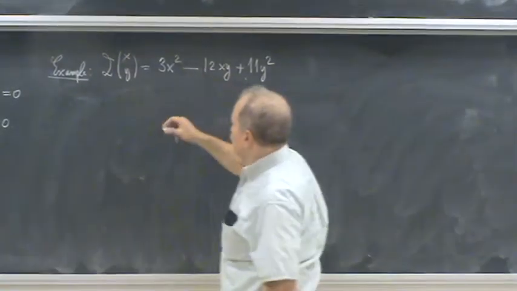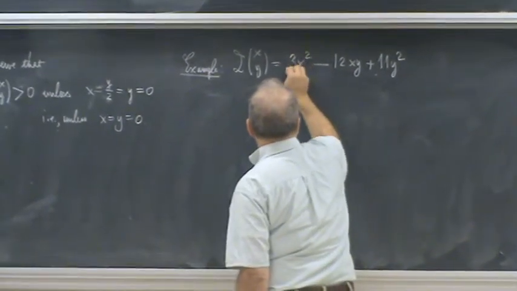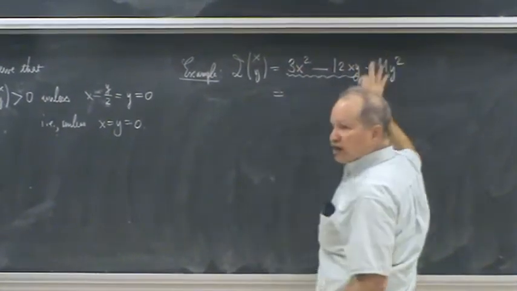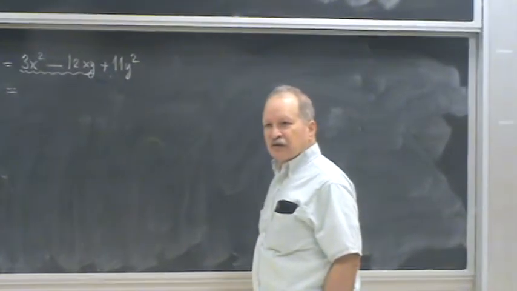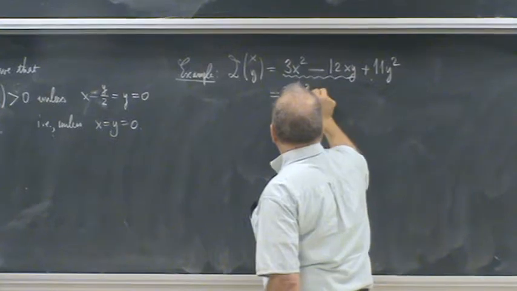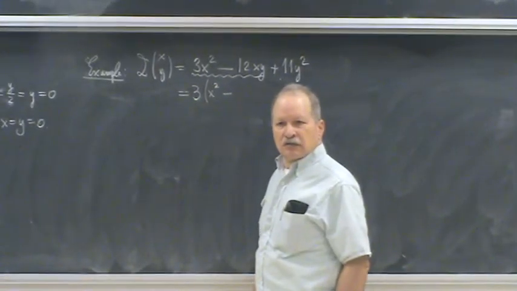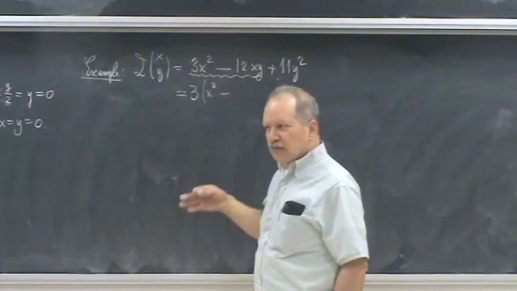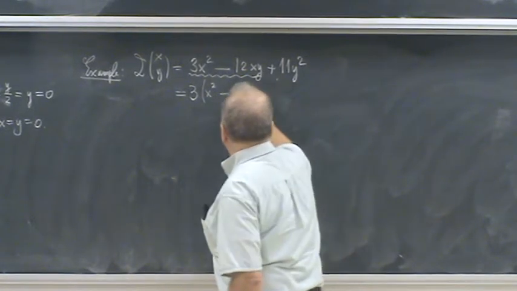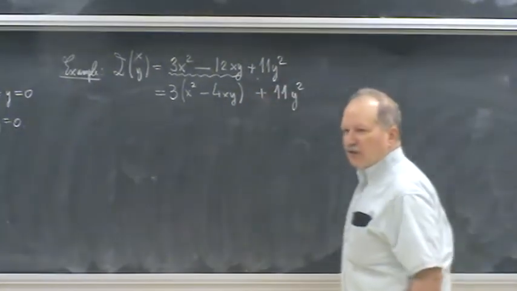How do we complete the square for this? Again, you want to concentrate on the first two terms and leave the y squared for later. Well, we can take out a 3 from the first two terms, leaving x squared minus 4xy. And then 11y squared is just coming along for the ride so far.